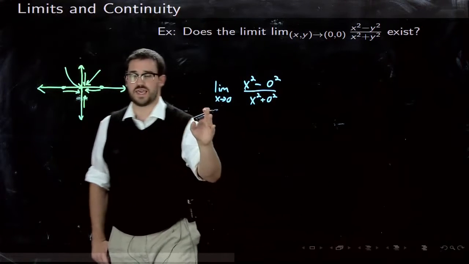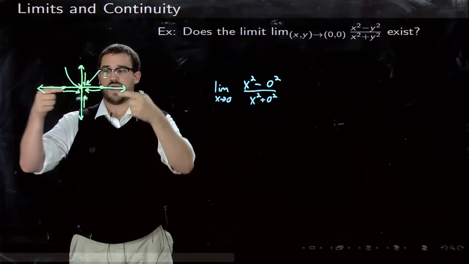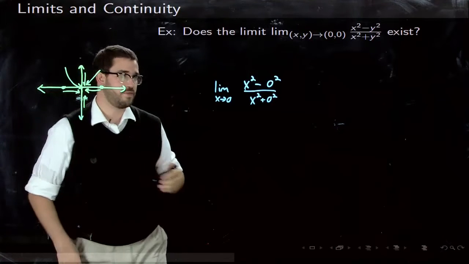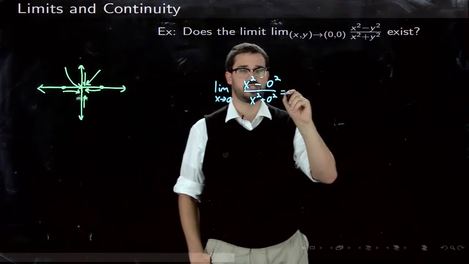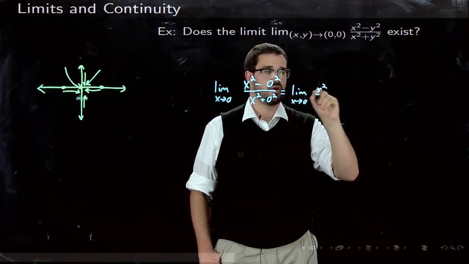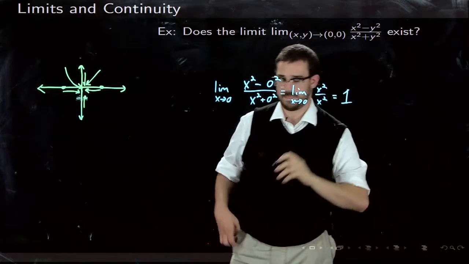In this case, we are starting with y equals 0 and traveling along this path. Well, this would be just the same as the limit as x approaches 0 of x squared over x squared, which is equal to 1.